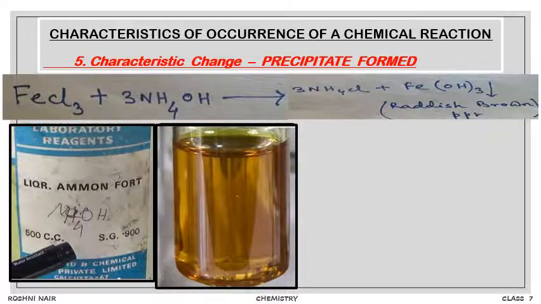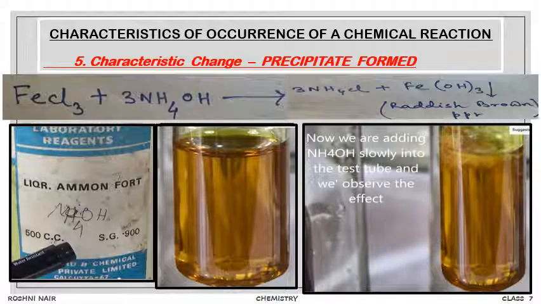Now next one, when we are adding ammonium hydroxide to this iron chloride solution in the test tube, can you see the effect there and here in this level? See here, what is it forming? It is a reddish brown precipitate which is forming, reddish brown in color.